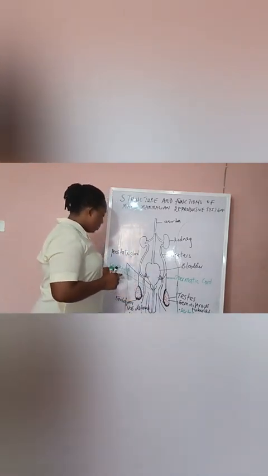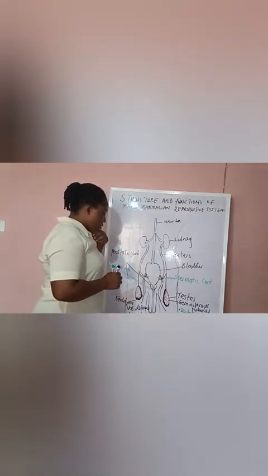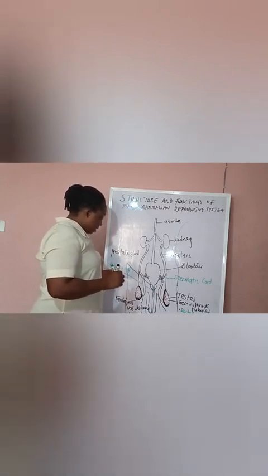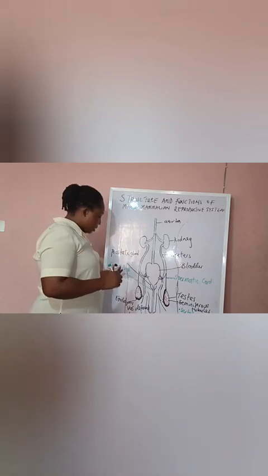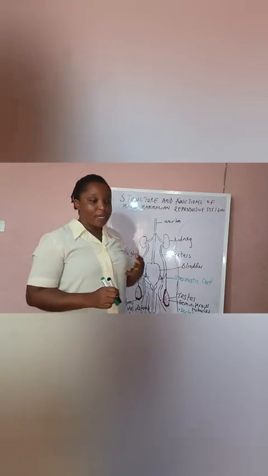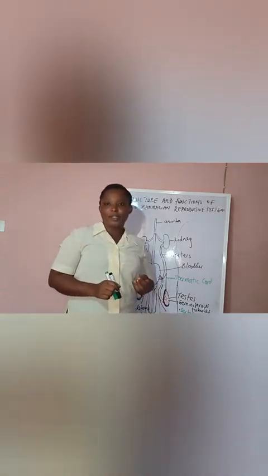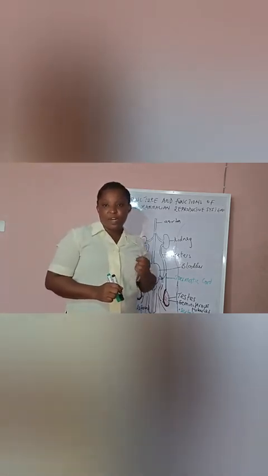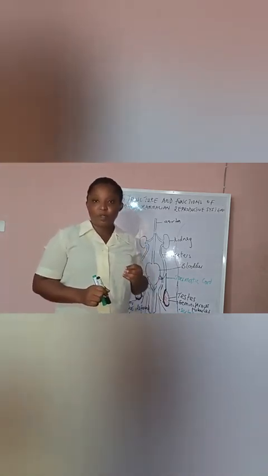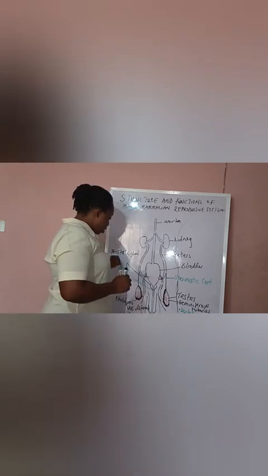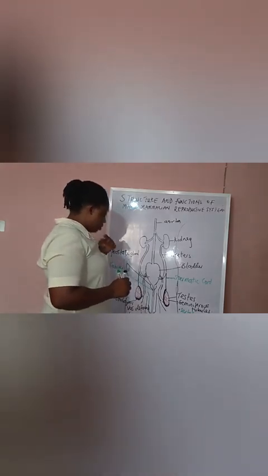This gland also secretes part of the seminal fluid, and the fluid secreted by this gland increases the pH of the seminal fluid in the female reproductive system.